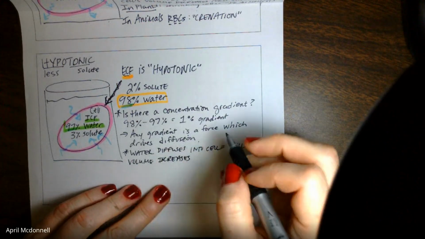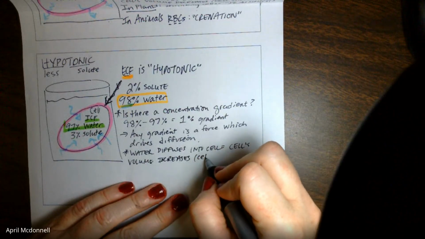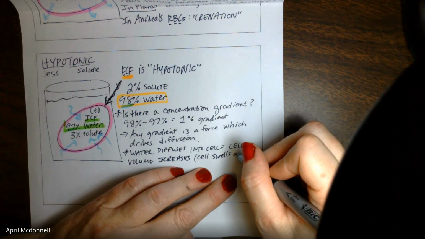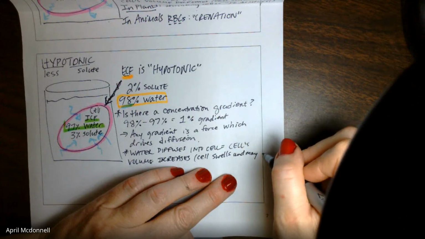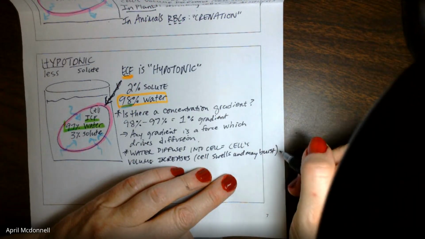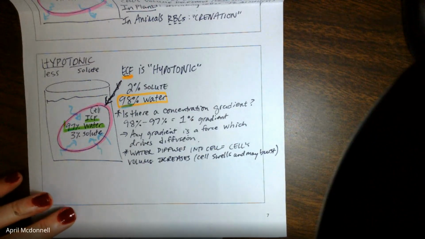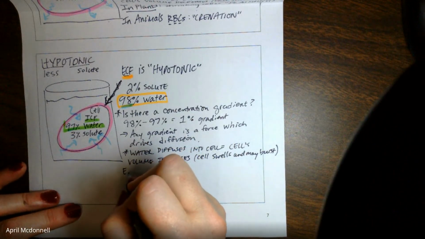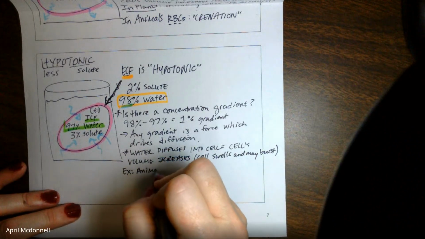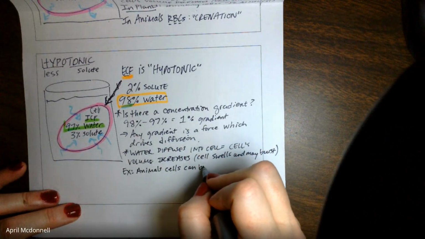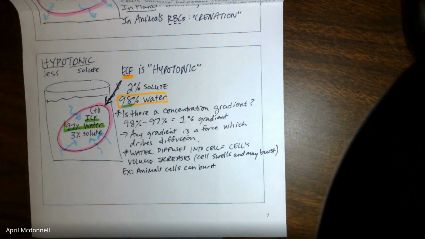The cell's volume increases, so the cell swells and could pop. The cell may possibly burst depending on what type of cell it is. Animal cells would burst. Animal cells could burst because they could take in so much water that eventually they will burst open.